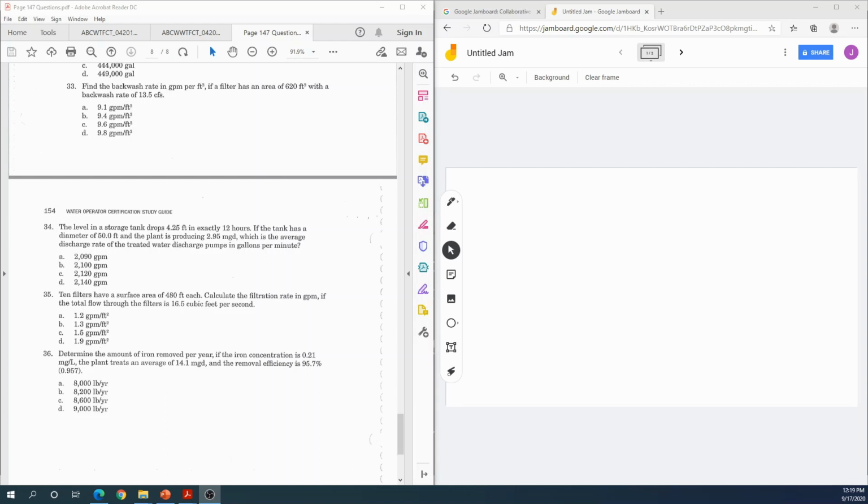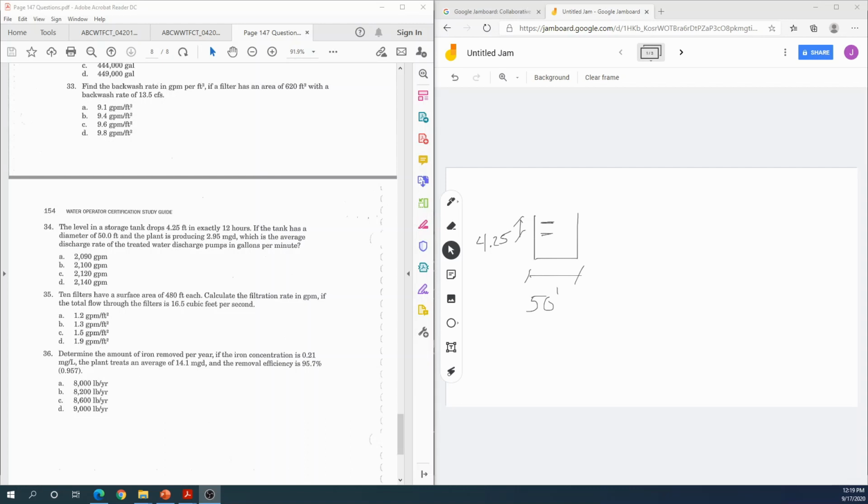So let's start by just drawing a little sketch here. So we got a tank, and this tank is a diameter of 50 feet. It's got some water level in it, and we know that it drops down exactly 4.25 feet in 12 hours.